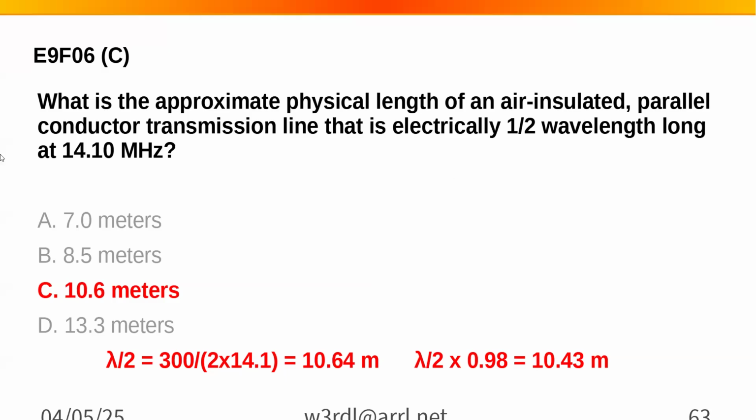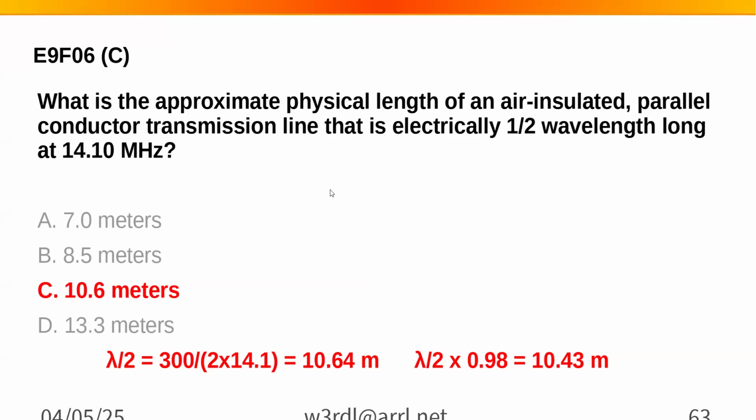Half wavelength at 14.1 megahertz. If you actually do the equation, it's 10.64 meters. Okay, that's the electrical length. I don't remember the equation, the 300 and the 2. The 300 is the speed of light.